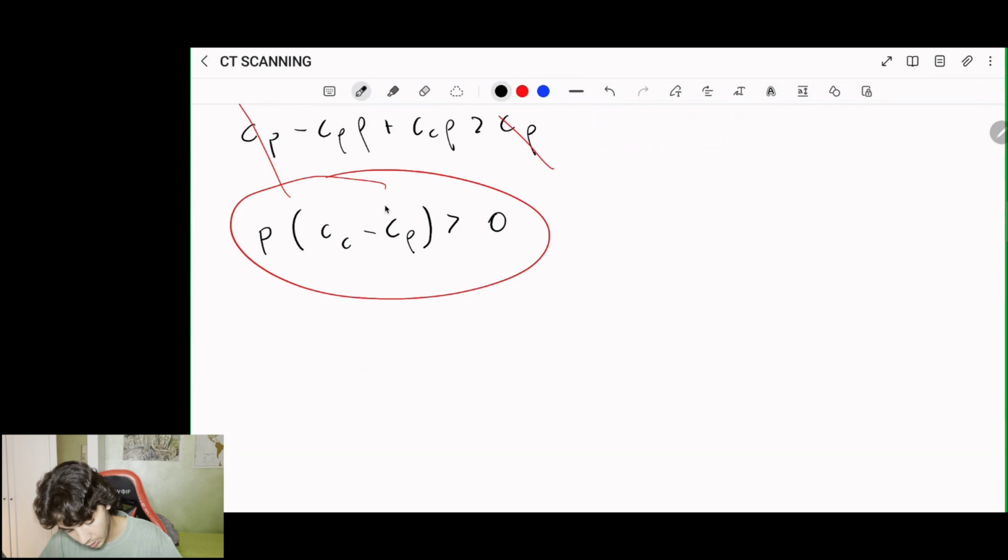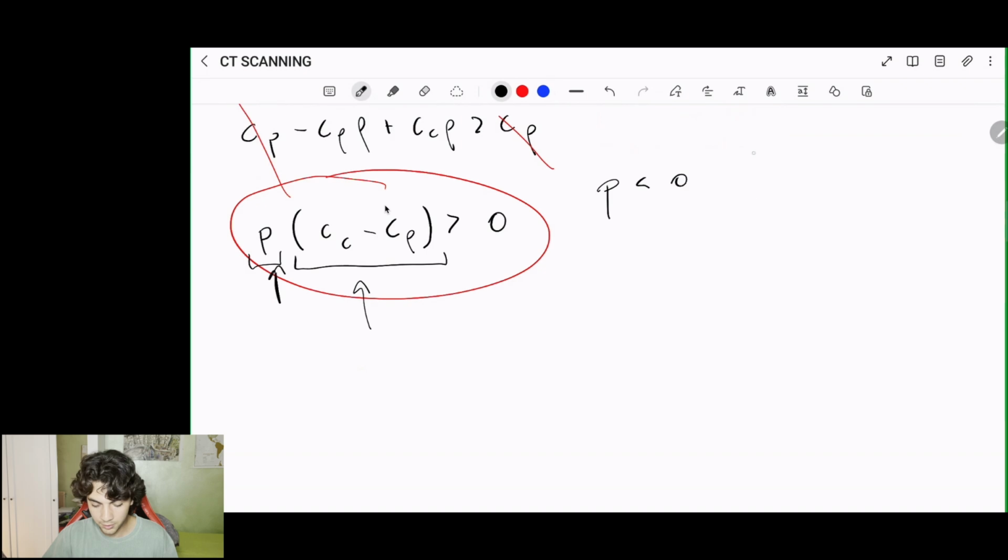Now, this is satisfied basically when the two members here are of the same sign. So either P is negative and this is negative, or they're both positive. That's the only scenario where this is satisfied. And I'm going to show you right here, when is P negative? So when is the probability of pulling your chase card negative?